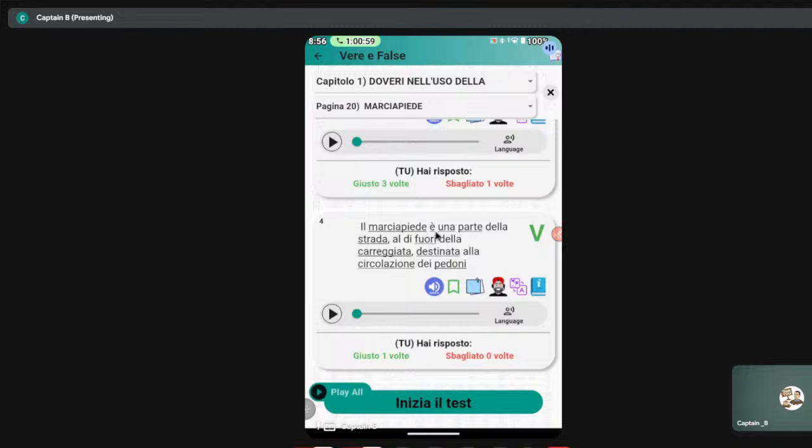So marciapiede is part of the road, meaning the full road, outside the carriageway. Marciapiede is not part of the carriageway.